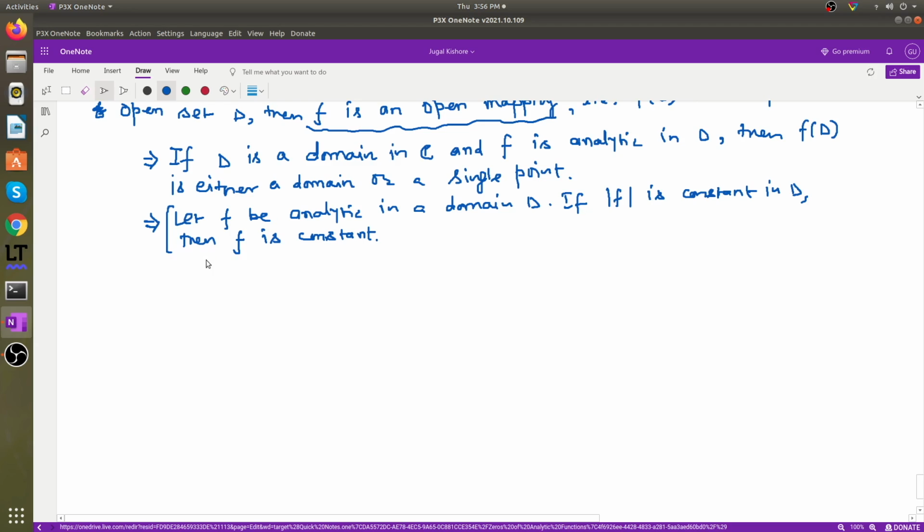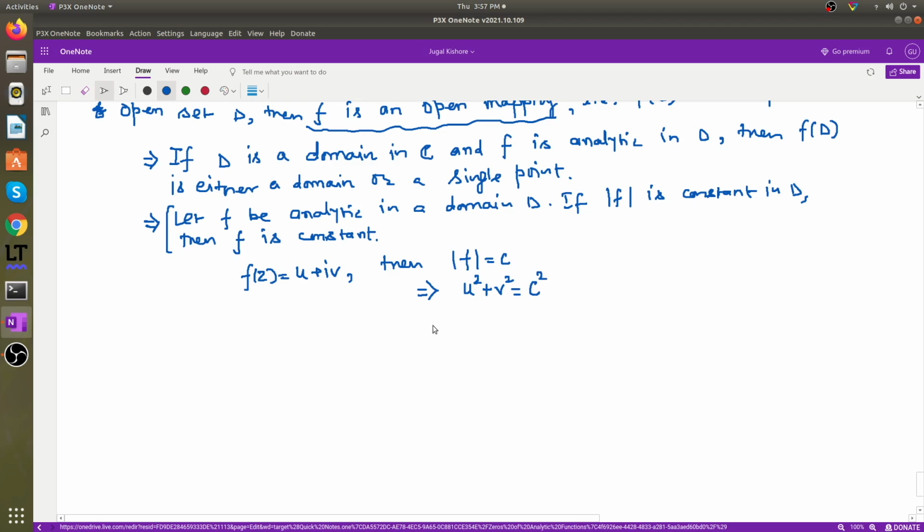But before this, we can see that we can also prove this one by using the Cauchy-Riemann equations. If we take f(z) = u + iv, then the modulus of f is equal to C. So this is u squared plus v squared is equal to C squared.